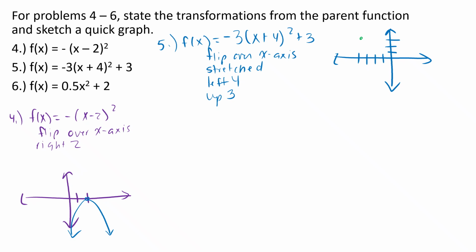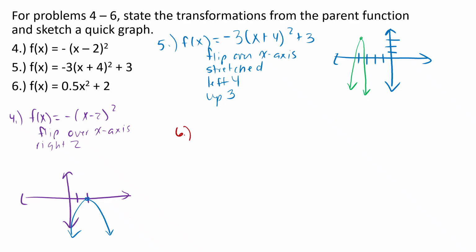It is flipped and it is skinny or stretched out. So when I go to draw it, I'm just going to try to draw it skinny, just to show that I understand that this parabola is skinnier than what I would normally draw.